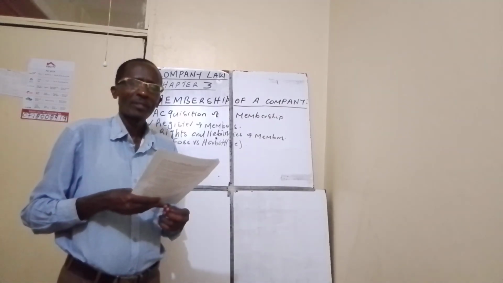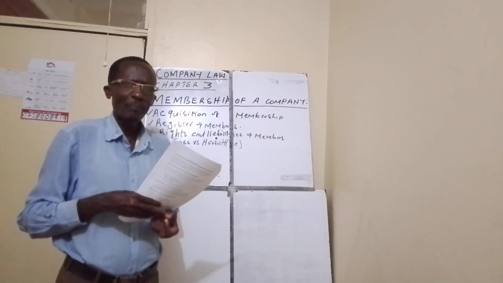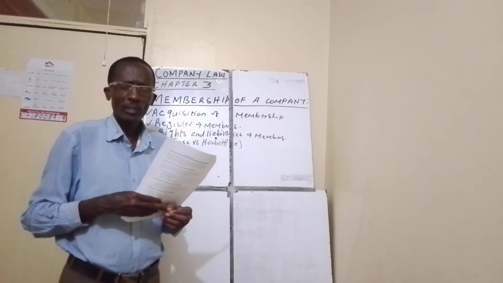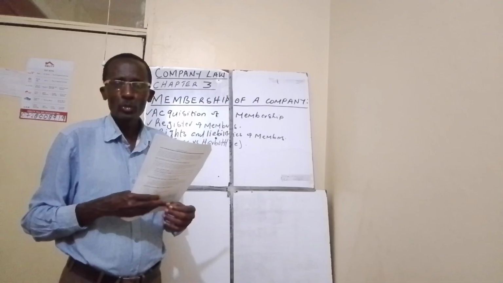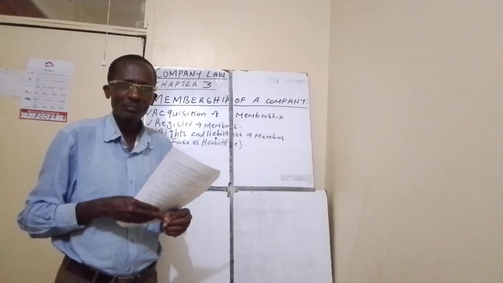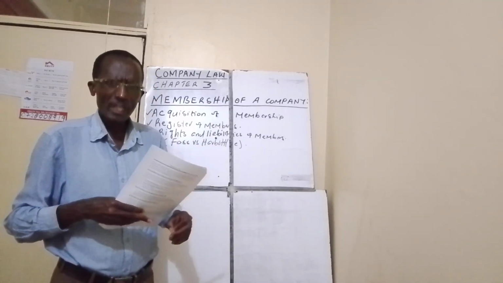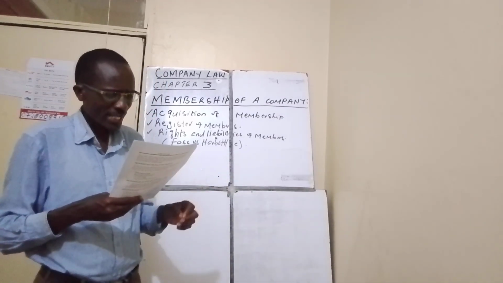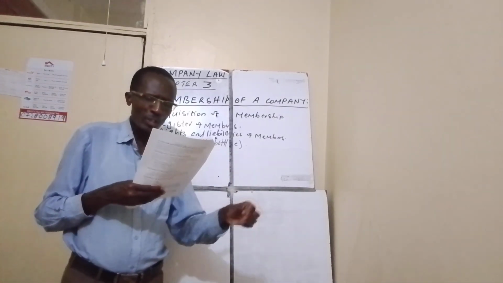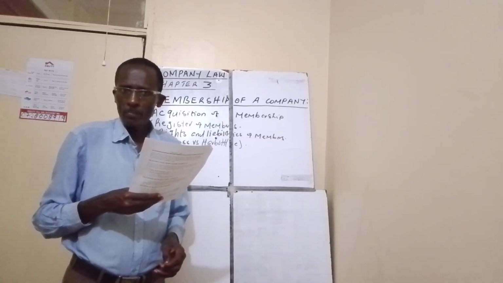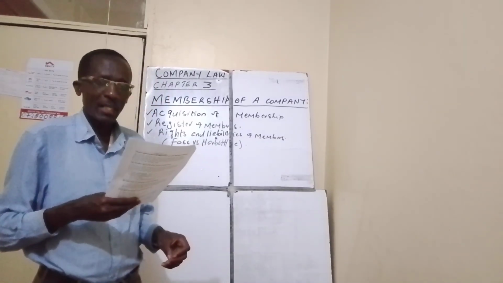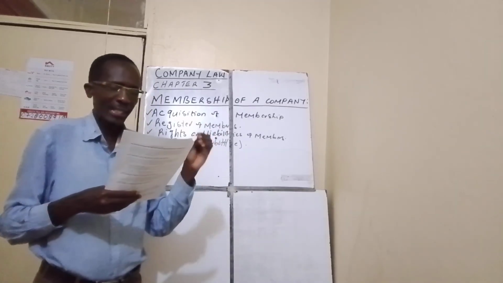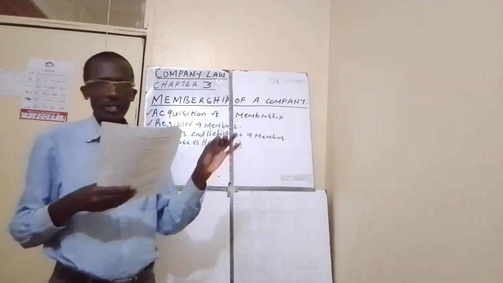Whereas we are saying that a company may change the object clause which you find in the MOA, such may be objected by the minority. How? One, holders of not less than 15% of the issued capital. So such an alteration may be objected by holders of not less than 15% of the issued capital.